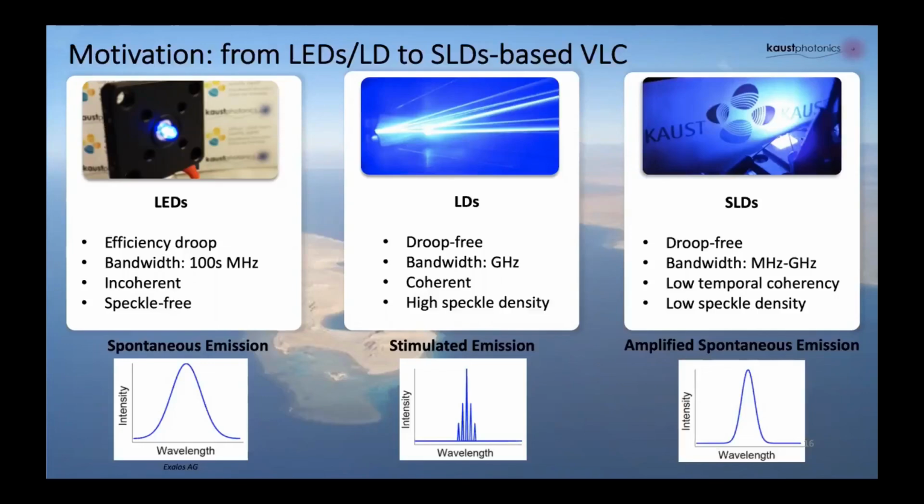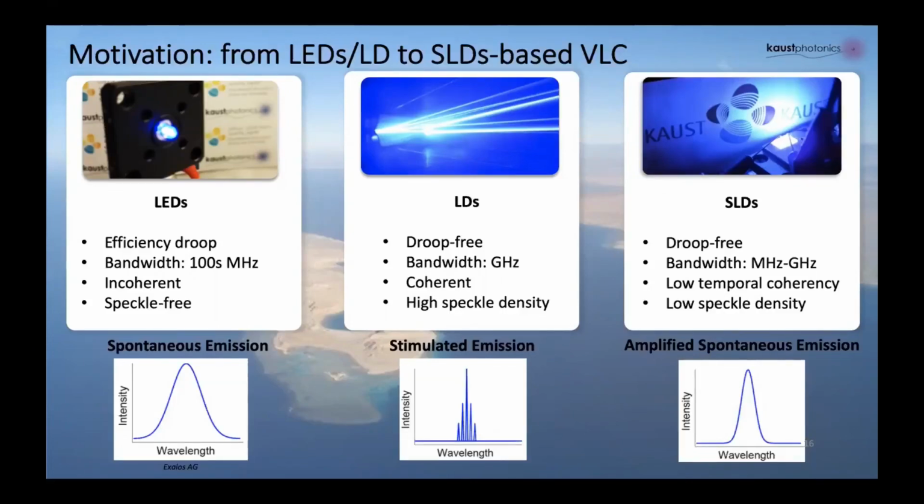It operates in the regime of amplified spontaneous emission, so unlike the spontaneous emission from the LED and the stimulated emission of the laser. Doing so, we are able to tap into a relatively large bandwidth, up to gigahertz or so, and it's droop free.